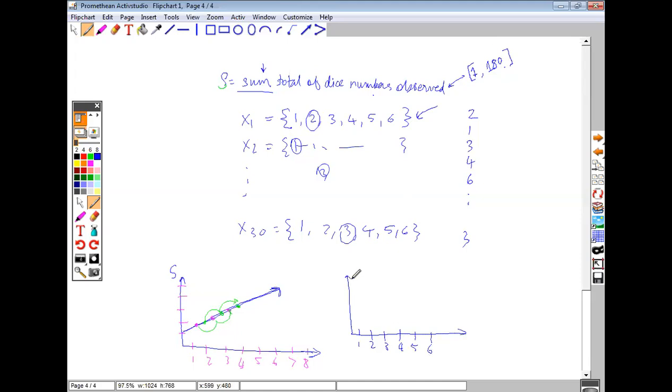And now what I'm looking at, the range will begin from 30, right? How can it be 1? Oh yeah, sorry. Very good observation. It should begin from 30, right? So that is the minimum thing that you can observe. 1 times 30. Yes, it would be 30. Good. So yeah, it will always be between 30 and 180, right?